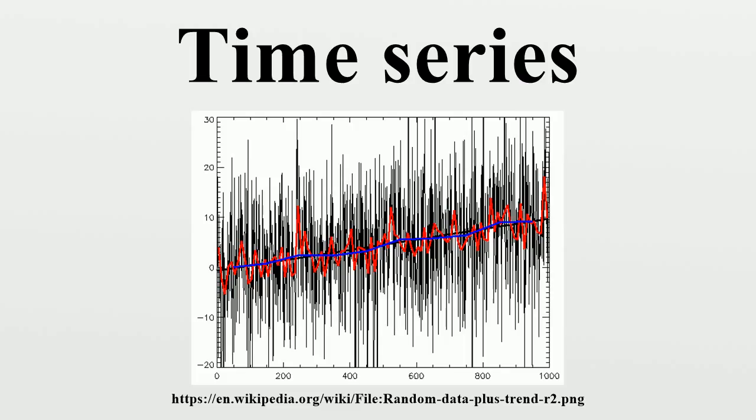Analysis. There are several types of motivation and data analysis available for time series which are appropriate for different purposes. Motivation: in the context of statistics, econometrics, quantitative finance, seismology, meteorology, and geophysics, the primary goal of time series analysis is forecasting.